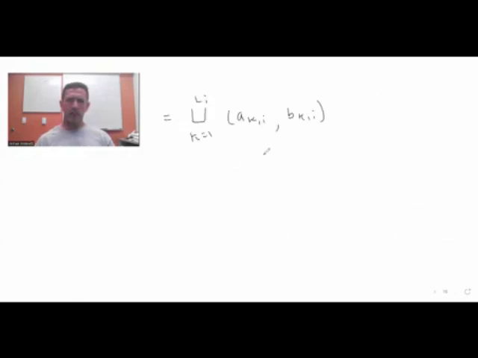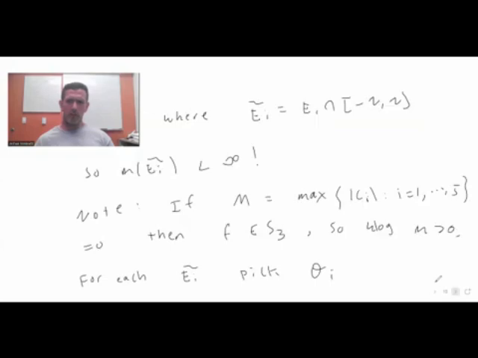And each of these are finite. So pick theta_i, where this here is less than epsilon over J times M.